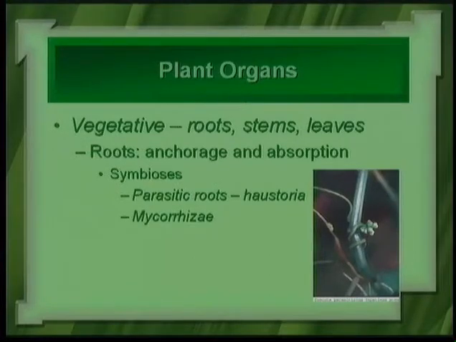A parasitic relationship is where one benefits and the other one does not, or is harmed. Another kind of symbiosis is mycorrhizae. Myco, like mycology, is the study of fungi. Mycorrhizae literally means fungus root, and mycorrhizae are a symbiotic association between a plant's roots and soil fungi. Many plants really do need mycorrhizae to do their best.